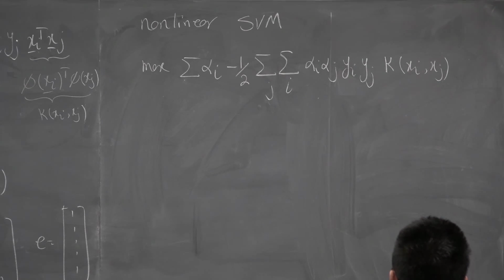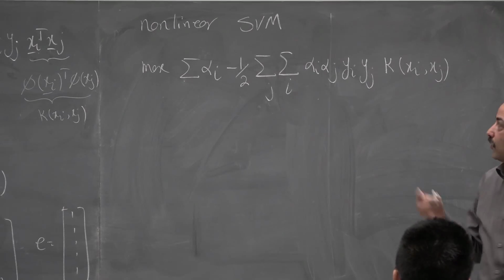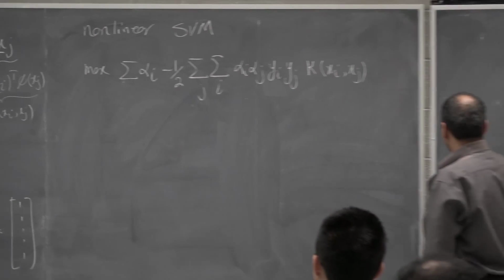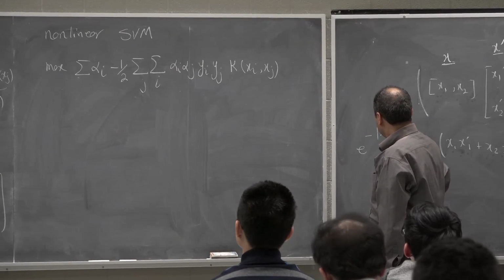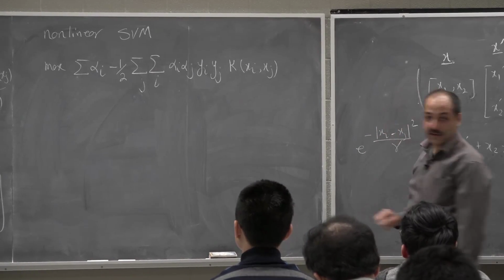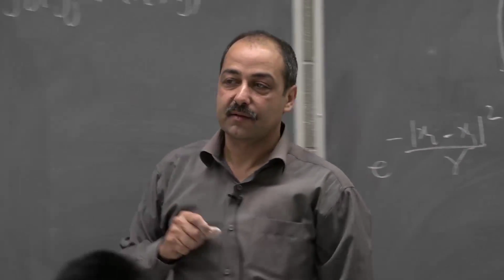This k could be any kernel. In practice, when you want to compute this k, it could be e to the power of minus xi minus xj squared divided by something. You literally compute this and put this value here.